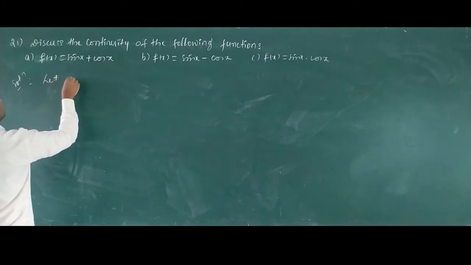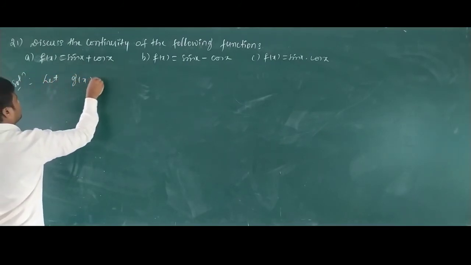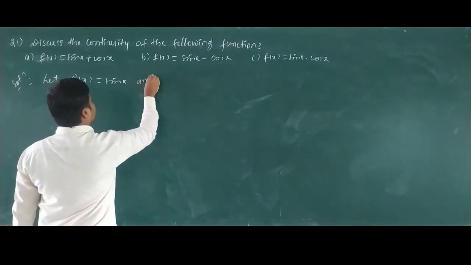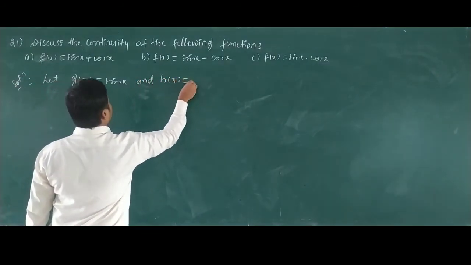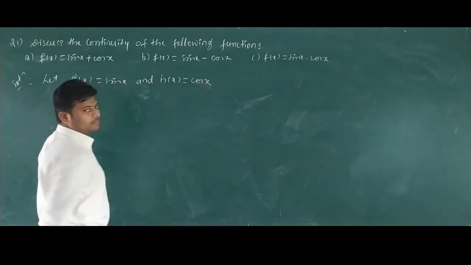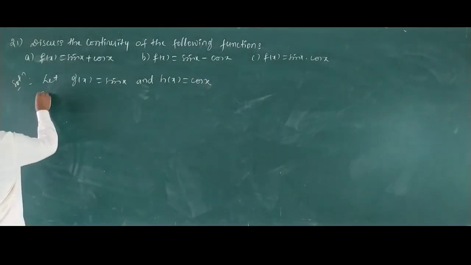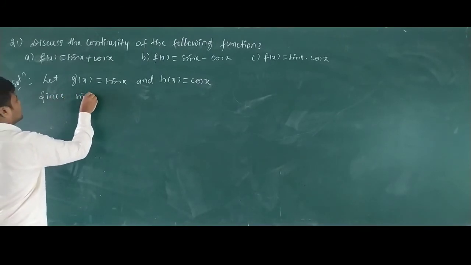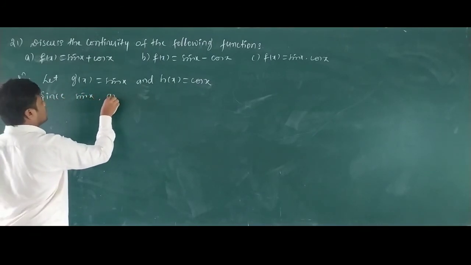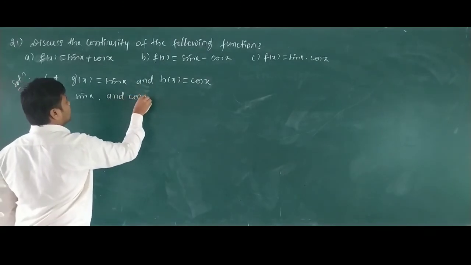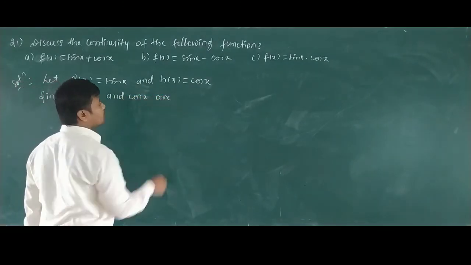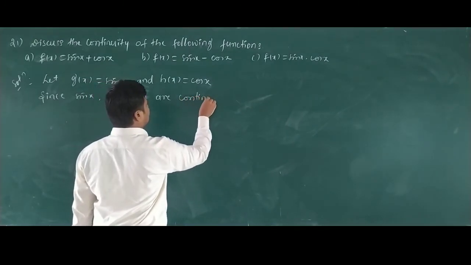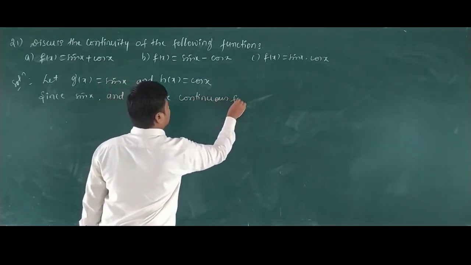Let g of x equal to sin x, consider that, and h of x equal to cos x, consider that. Since sin x and cos x are continuous functions. Trigonometric functions are already continuous functions.